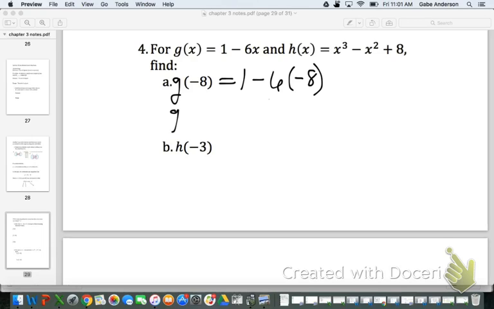So g of negative 8 equals 49. Negative 6 times negative 8, and then plus 1 is 49. So g of negative 8 equals 49. So then it's negative 8, comma 49.